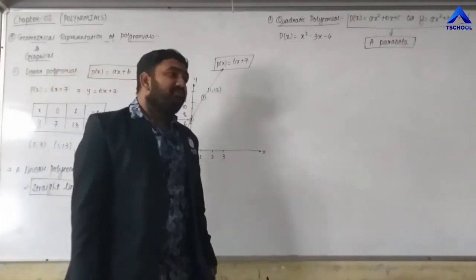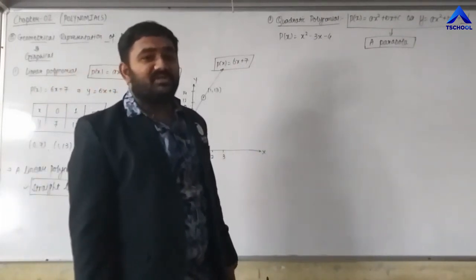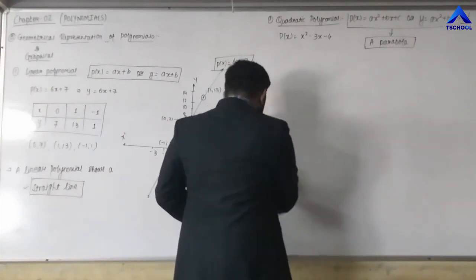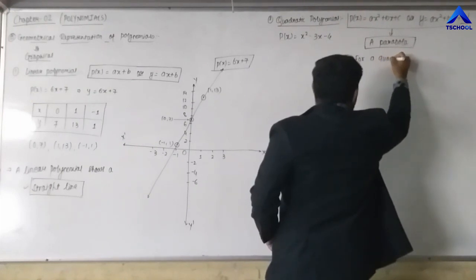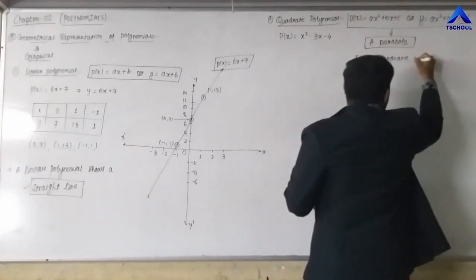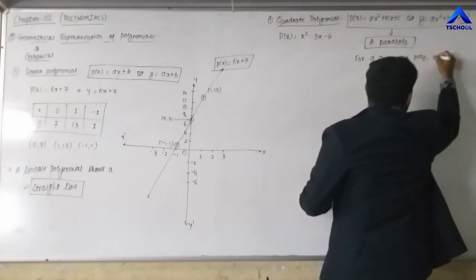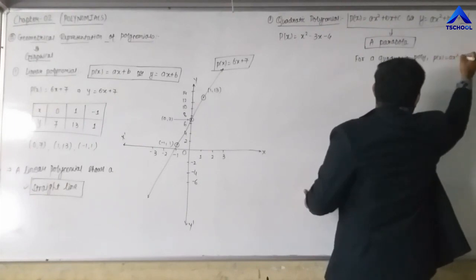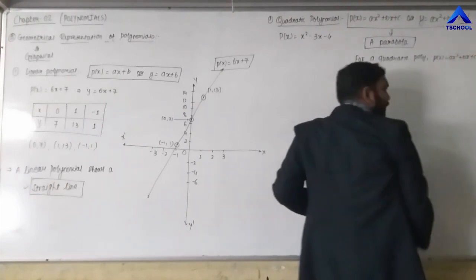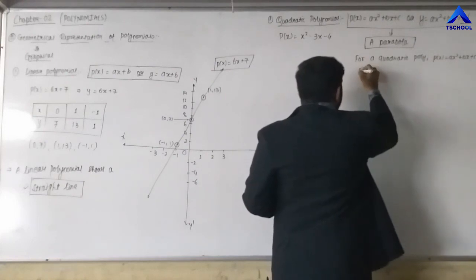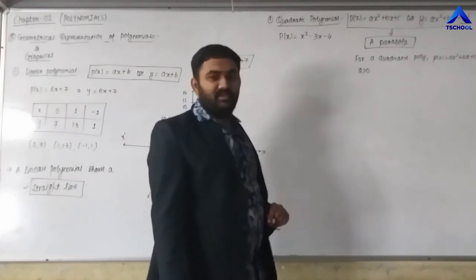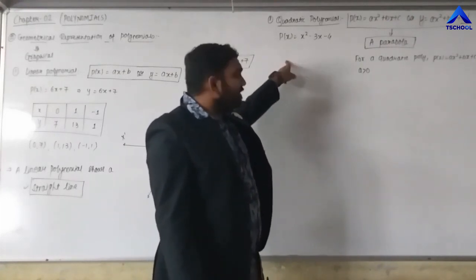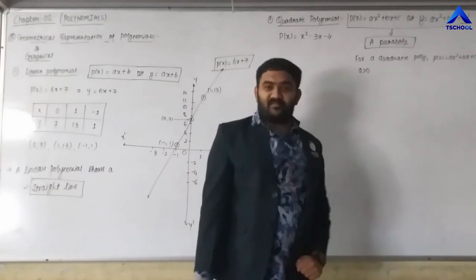The question asked actually was, for a quadratic polynomial p of x equals ax square plus bx plus c, provided a is greater than 0, then what will be the graph of this polynomial? Right? Let us solve this example and then look at the nature of this graph.